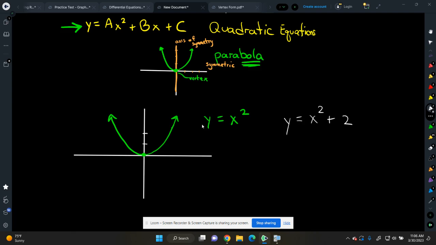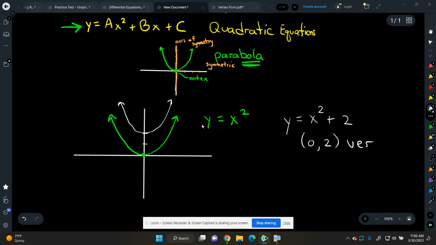So now my parabola is up here. What's the vertex of that parabola? The vertex is a point, so it's 0, 2. Did the axis of symmetry change? No.